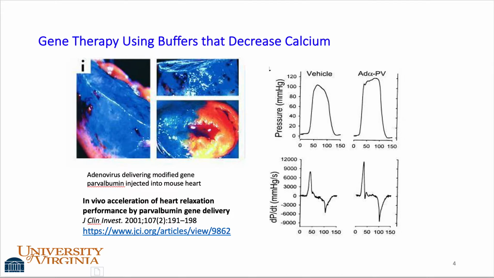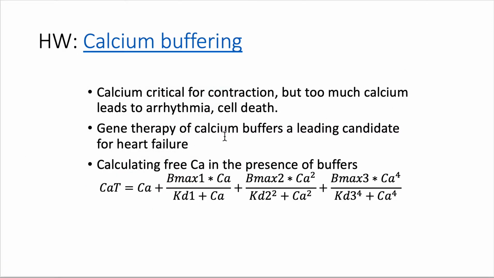But figuring out the exact level for these calcium buffers, so that you can have the right amount of free calcium, there's total calcium, there's free calcium in your system, is not a trivial matter, and it requires us to solve for the buffer levels that give you the right calcium level, right?